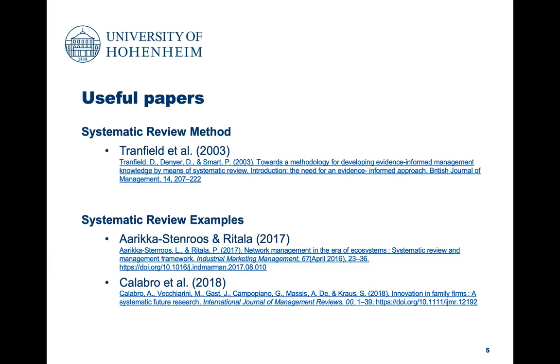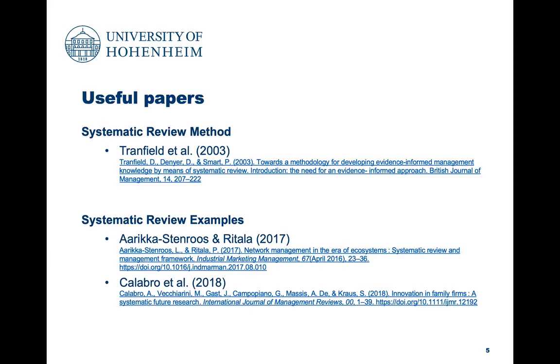The first paper, which we recommend, is an explanation and a great guideline for how to conduct a systematic literature review. We highly recommend you to read this and to use this. The other two articles provided here are, in our opinion, good examples of systematic literature reviews.